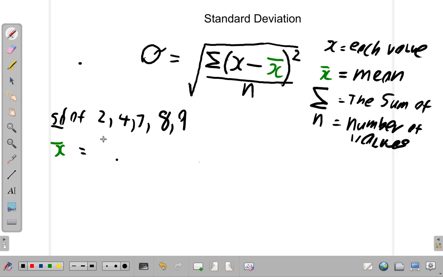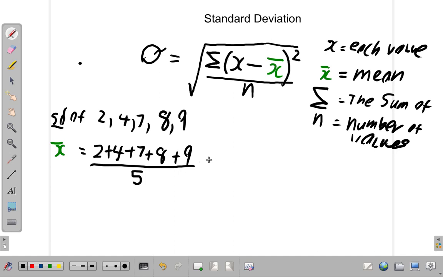Alright, you have paused and you have calculated the mean. What did you get? Let's see. 2 plus 4 plus 7 plus 8 plus 9 all over n. What is n? 1, 2, 3, 4, 5. I have 5 values here.